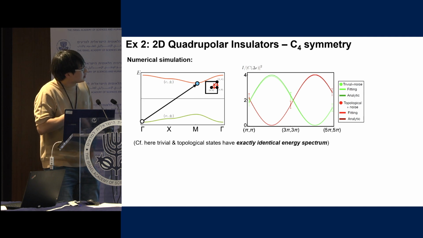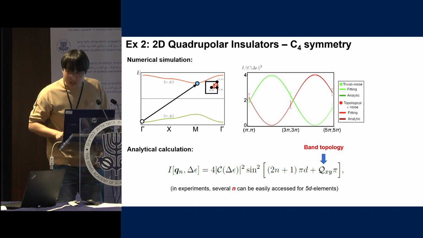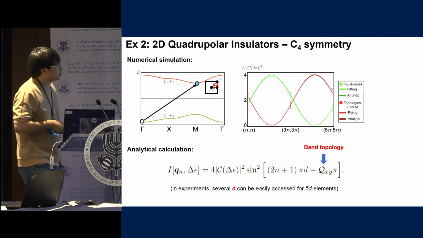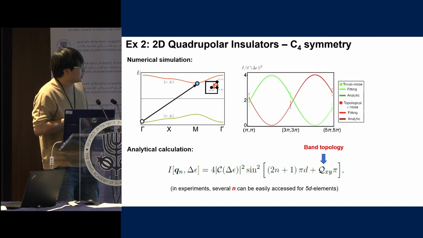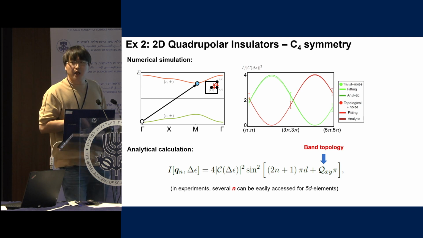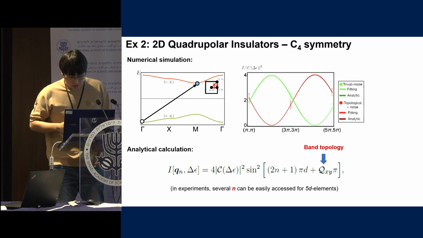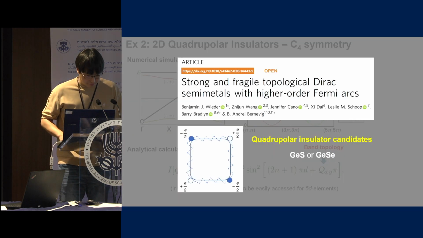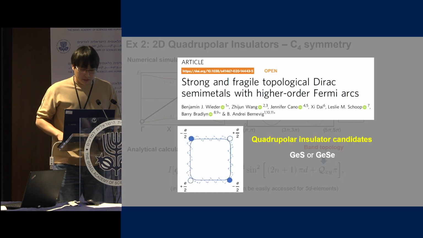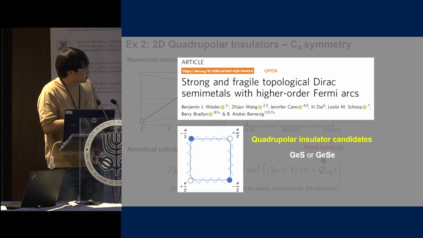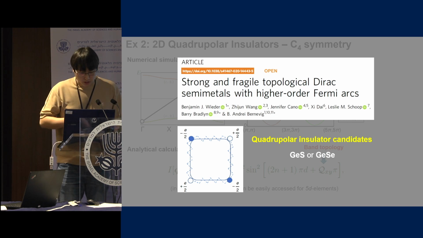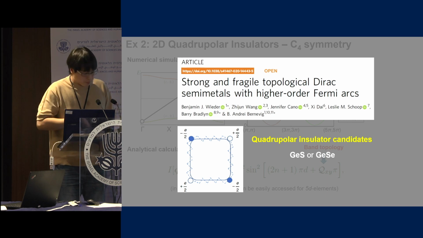But you see that the two of them oscillate differently in momentum. If you do the analytic calculations, you can also show that the band topology, the quadrupole moment, explicitly appears in the scattering intensity. And this could be tested in germanium sulfide, germanium selenide, possibly, which support the quadrupole moment.